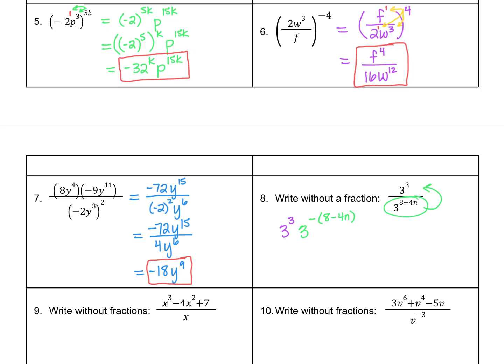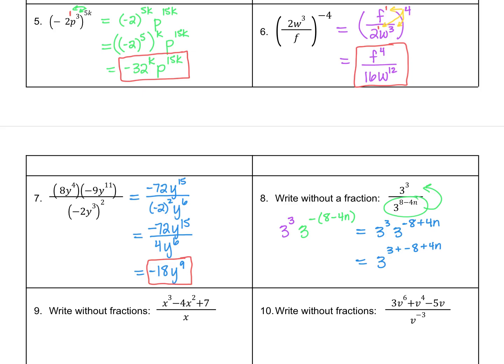So when I do that, I end up getting 3 to the 3rd power times another 3 to the power of -8 plus 4n, because I'm going to distribute that negative. And last but not least, when you multiply like bases, you keep the base and you add the exponents. So we're going to have 3 plus -8 plus 4n.